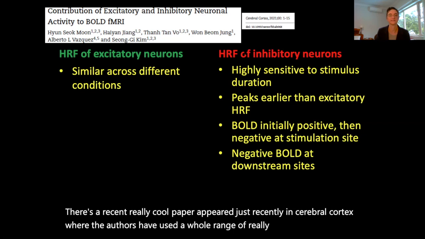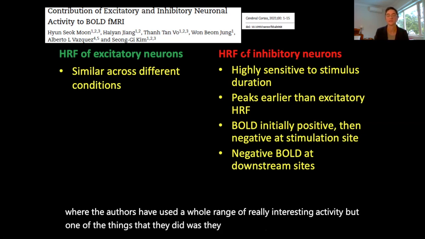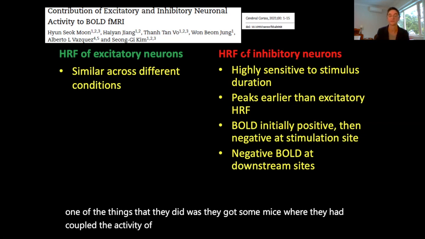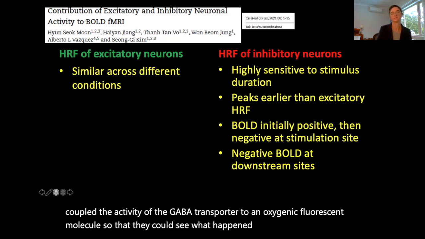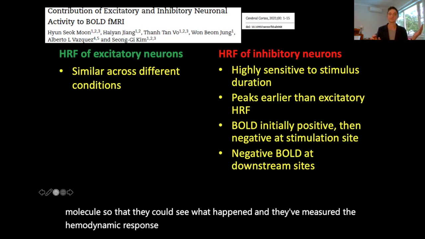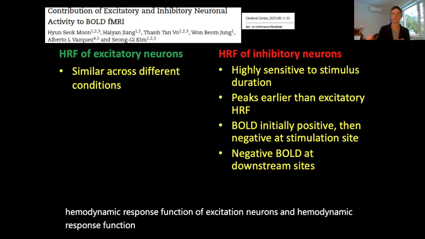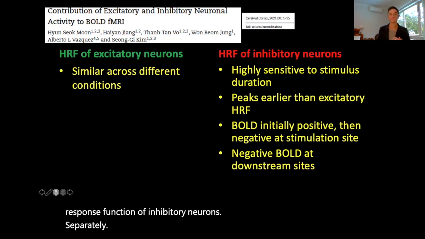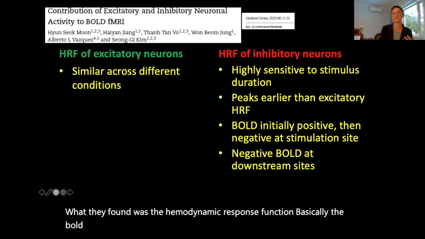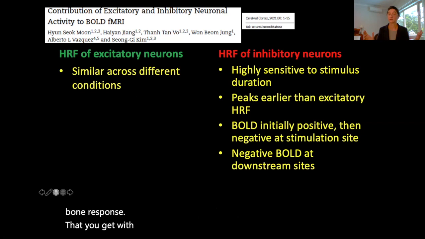But one of the things that they did was that they got some mice where they had coupled the activity of the GABA transporter to an optogenetic fluorescent molecule so that they could see what happened. And they've measured the hemodynamic response function of excitatory neurons and of inhibitory neurons separately. And what they found was the hemodynamic response function, basically the BOLD response that you get with excitatory neurons, is similar across different conditions.